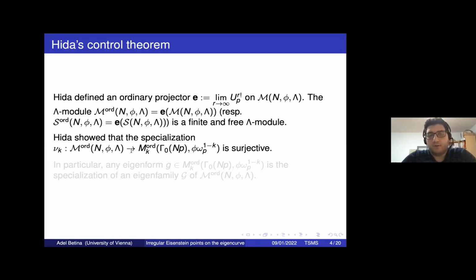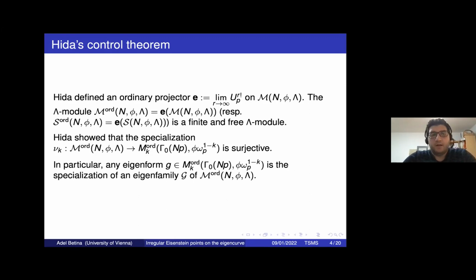And he showed this control theorem, which is quite important because it's obvious from the definition that the specialization will land here. It's by definition, but he showed that the specialization is really surjective. So if you take any modular form of weight k which is ordinary, you can lift it in a Λ-adic family. In particular, if you take eigenforms, because we are more interested in eigenforms, so not any modular form but a modular form which is an eigenvector for all the Hecke operators, you can lift them to an eigenfamily here.